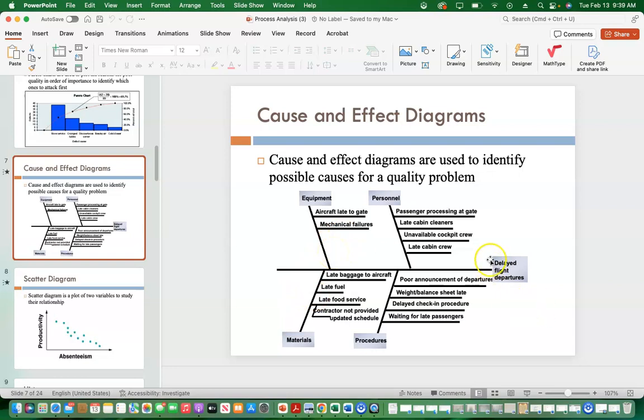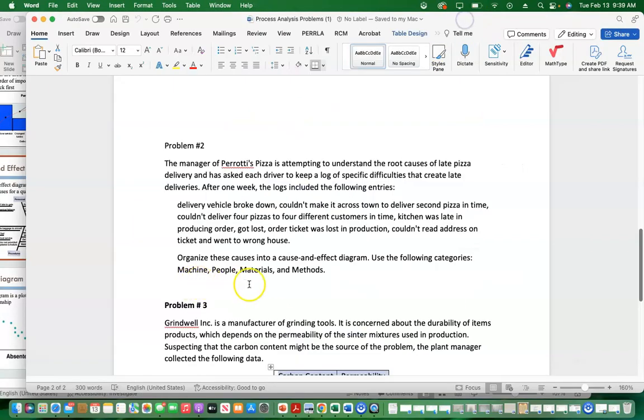And in this case, you can see we have delayed flight departure, which is the delay in pizza delivery. And also we have four categories, and that is the same as machine, people, materials, and methods.